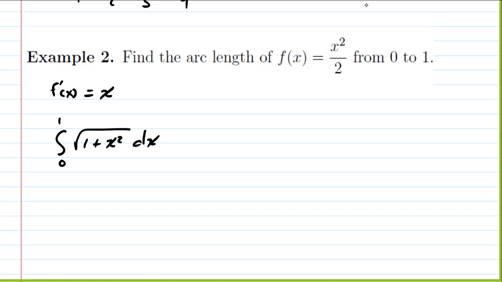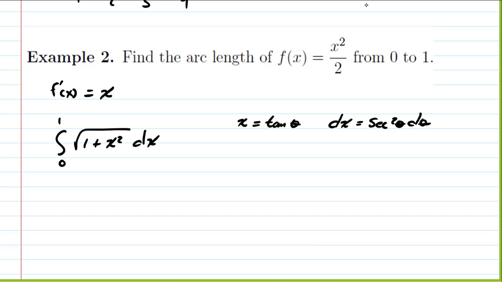1 plus x squared is what form? Not sine, that's 1 minus x squared. Tangent, right? So we choose x to be tan theta, and dx is going to be secant squared theta d theta.